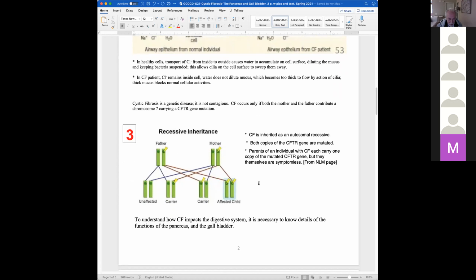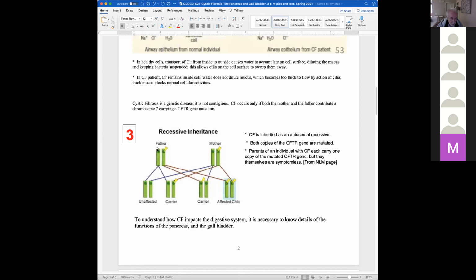Yes. Yeah, and that's a critical question, because cystic fibrosis is entirely a genetic disease. I've stated it here. Cystic fibrosis is a genetic disease. It is not contagious. It occurs only if both the father and the mother contribute a chromosome 7 carrying the CFTR gene mutation.